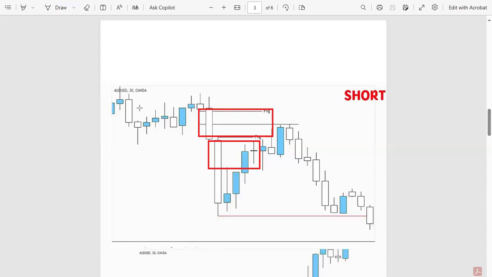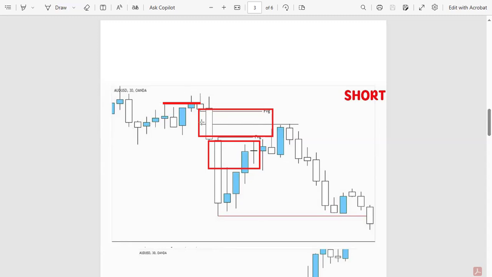The most important thing is to remember the concept that I have already explained: the most important fair value gap is the one that first has liquidity behind it. As you can see, we already saw the buy side liquidity in this area, and I showed you that there was a liquidity sweep.